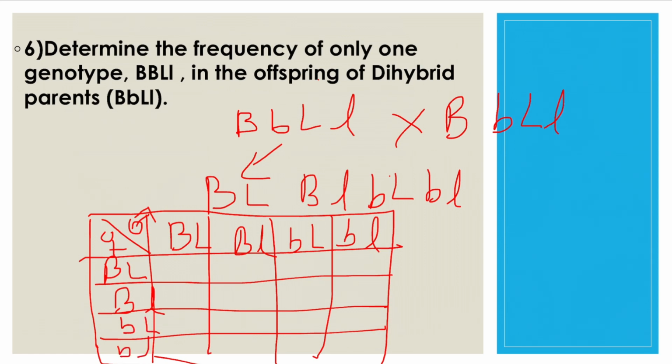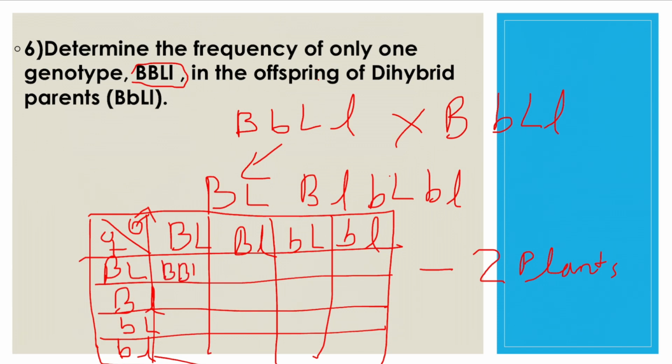When you fill this checkerboard, you will find this type of genotype only in two offspring. Where I am showing you, you will find it here.